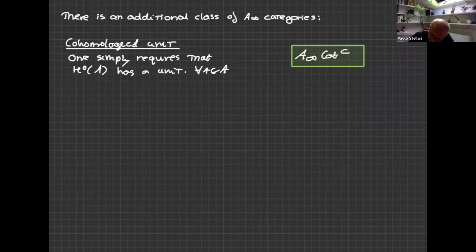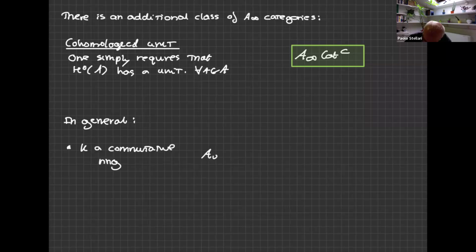So, we should note that in general, if K is a commutative ring, then you have the inclusion: unital, and then you get into A infinity cat.